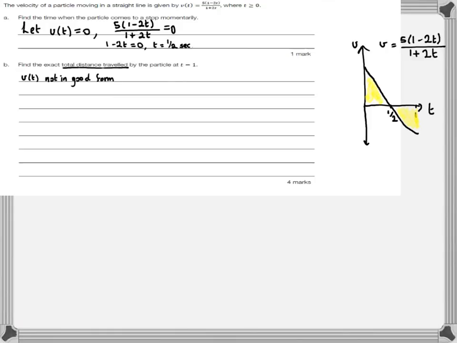Okay, now for us to work with this function, it's not really pretty. It's not in a good form we're used to. So we're going to rearrange it a little bit. First off, I'm going to expand that 5 into the bracket.